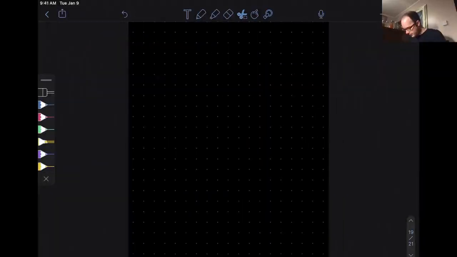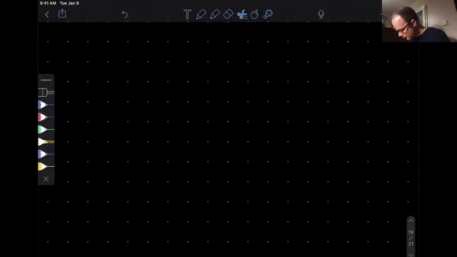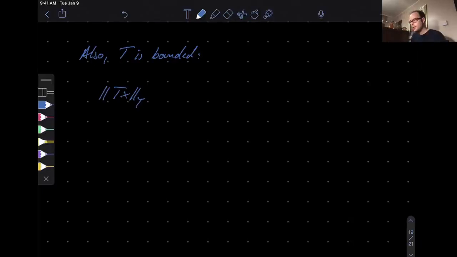Okay? Also, we have to show that it's bounded. Also, T is bounded. How do we do that? Well, I have to estimate T of x in the Y norm. Yeah, but here is the argument.